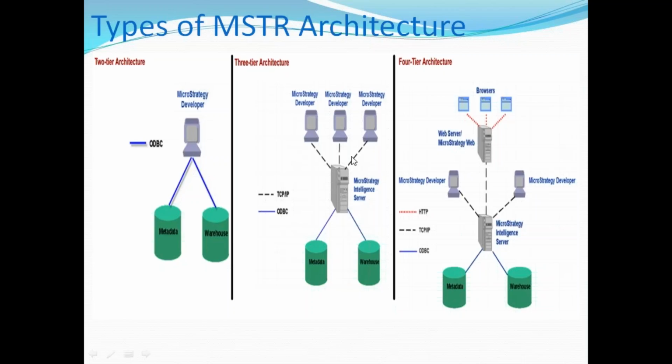But as I said, the end user will not come to developer and run the report. They have to access the reports online, on the web. In order to have that web connection, you definitely require this 4-tier connection.